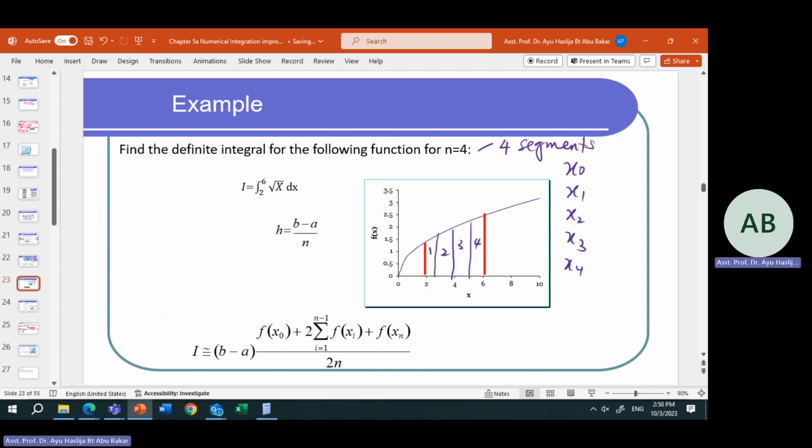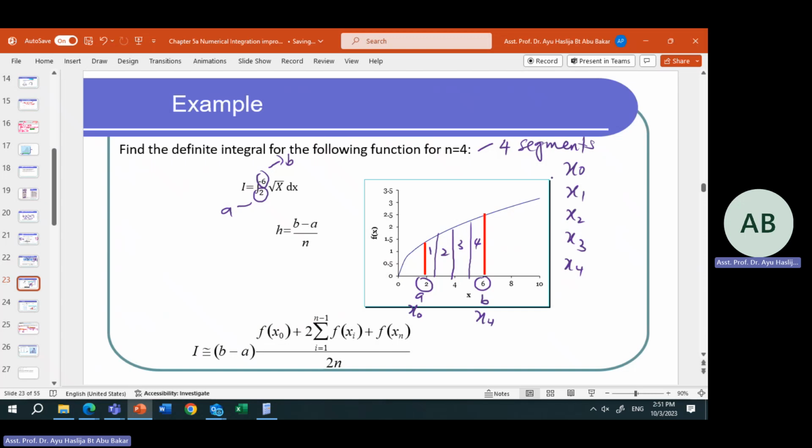Four segments. Okay, then the range given, your A is 2. This is your A, this is your B. Remember A is your x0, initial point. B, x4, the final point.